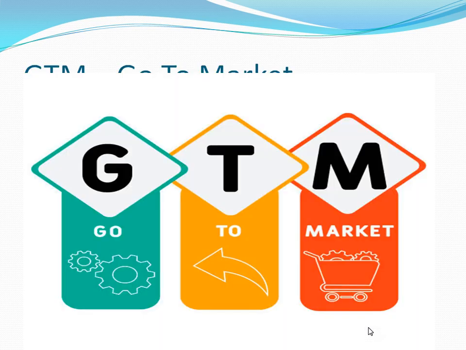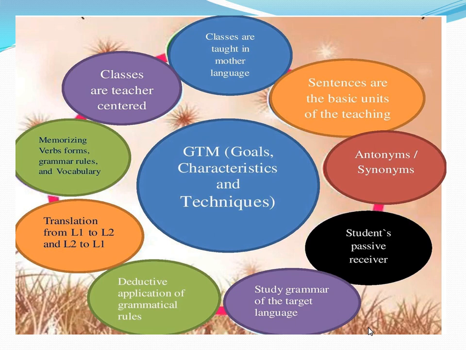Now, the advantages. In the case of advantages, there are also the learner's role and the teacher's role. Classes are taught in the mother language, and that is an advantage for teachers and learners.